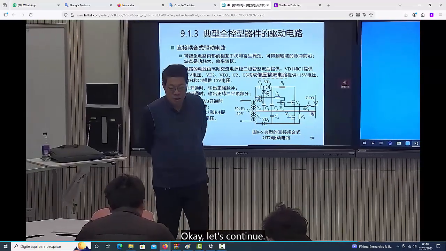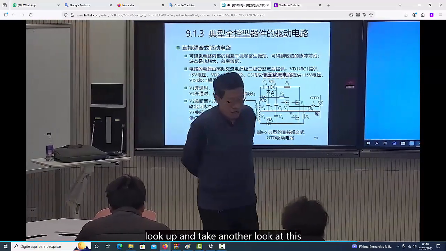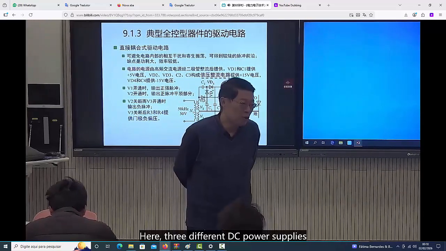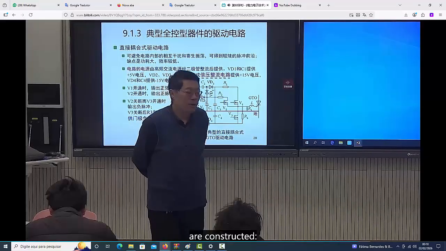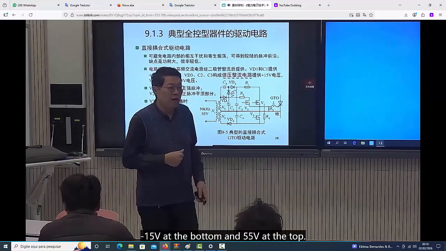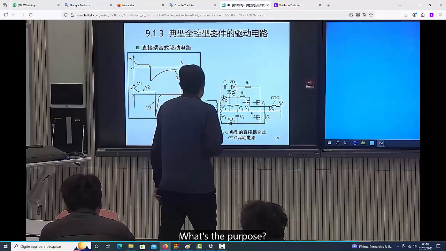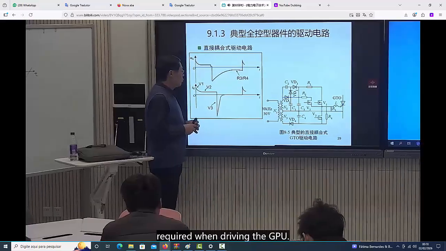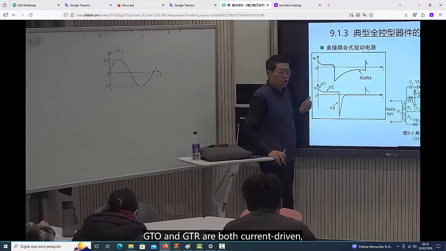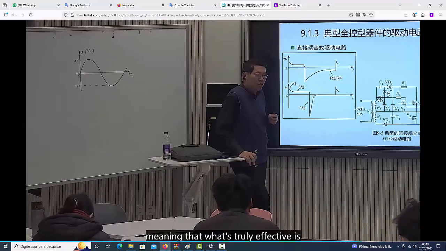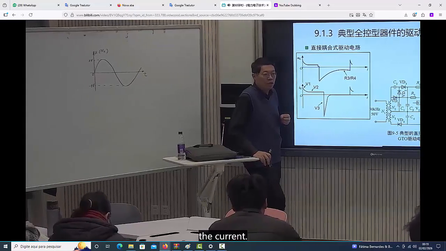Okay, let's continue. Everyone, look up and take another look at this circuit. Here, 3 different DC power supplies are constructed, -15V at the bottom and 55V at the top. What's the purpose? It's to meet the so-called ideal model required when driving the GTO. GTO and GTR are both current-driven, meaning that what's truly effective is the current.